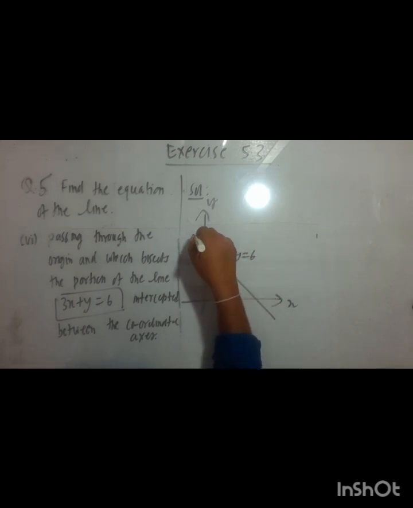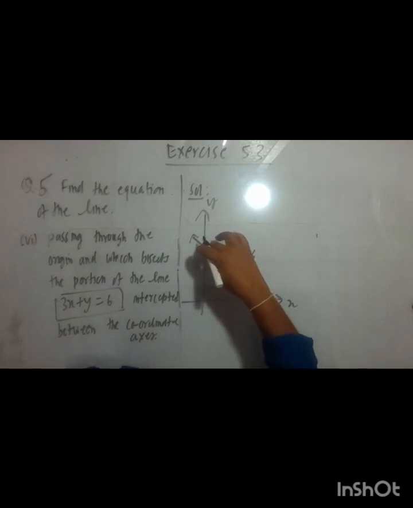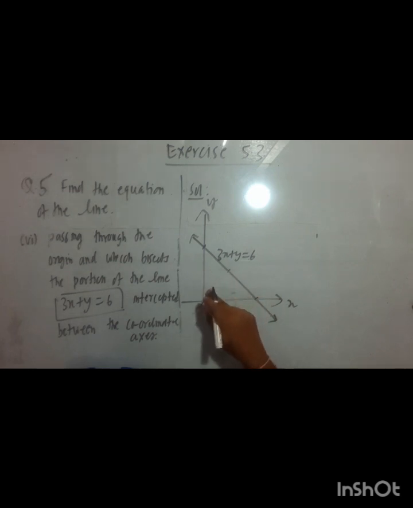Our required line is passing through the origin and bisecting this line, so it will be exactly intersecting this line. Bisecting means equally bisecting, it will make two equal portions. So here there is some midpoint on this line.